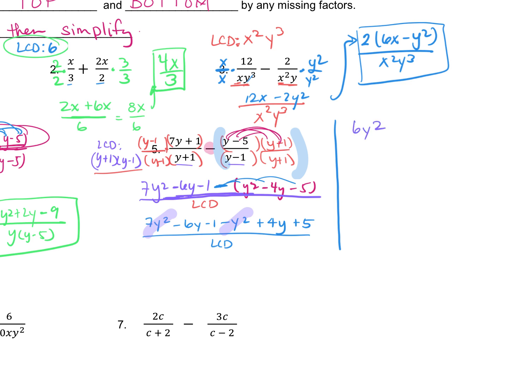Then negative 6y plus 4y gives me a negative 2y. And lastly, negative 1 plus 5 gives me a positive 4. And now I'm going to write my LCD. You don't get to leave out the denominator, you have to put that in. But you want to make sure that you have simplified.